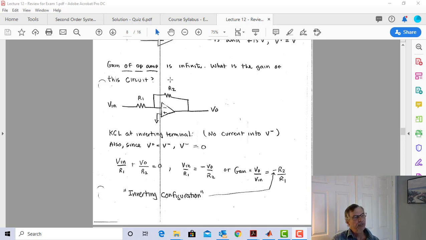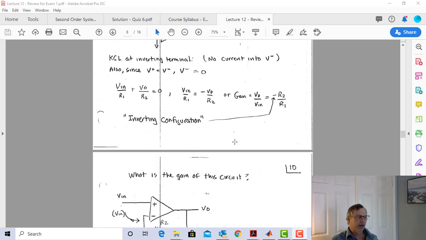In other words, I could have a bunch of capacitors and inductors that make some clump of circuitry between Vout and the negative terminal, and the impedance of that clump is going to be Z2. Same thing here, I could put a big clump of stuff here, I could put a Thevenin equivalent, and Z1 is going to be this clump. So this is our inverting configuration.